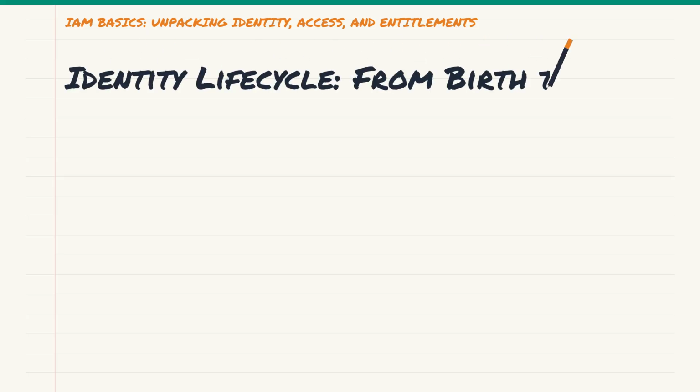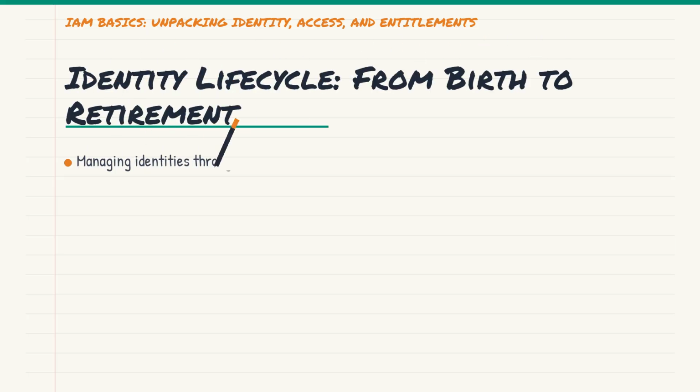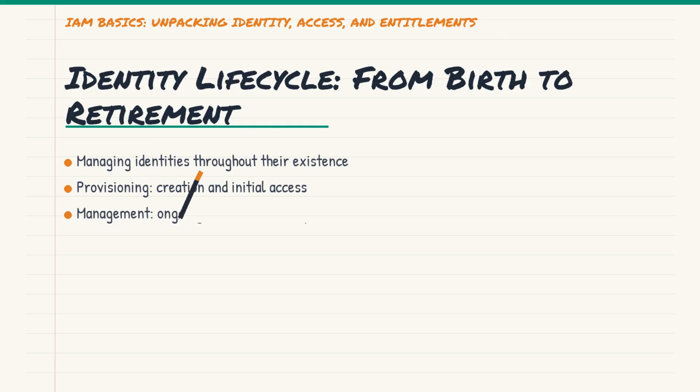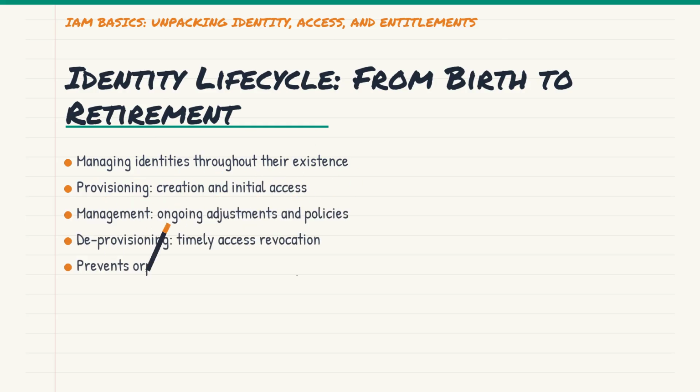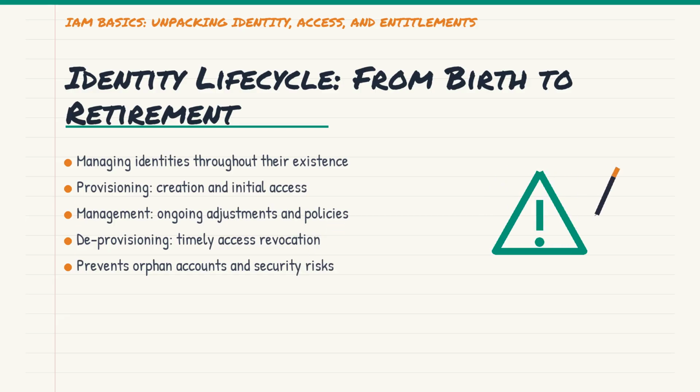Effective IAM isn't just about initial setup, it's about managing identities throughout their entire lifecycle. This includes provisioning, creating the identity and assigning initial access, ongoing management, adjusting access as roles change, enforcing policies, and deprovisioning, revoking all access when an identity is no longer needed.